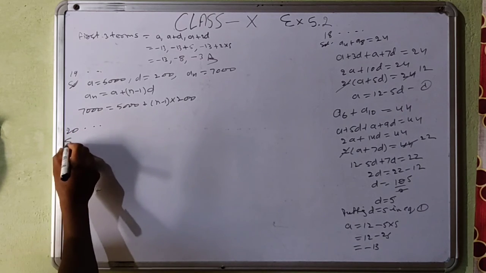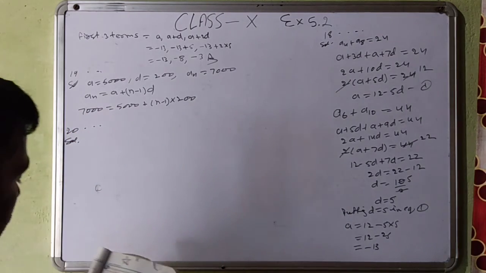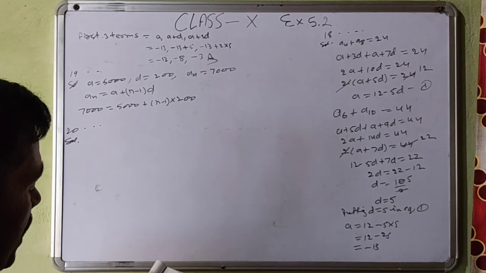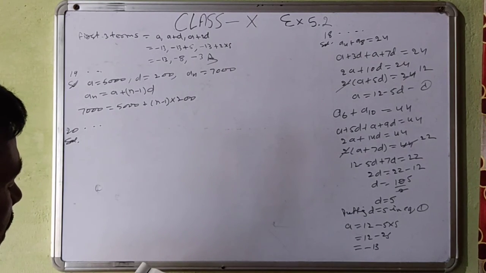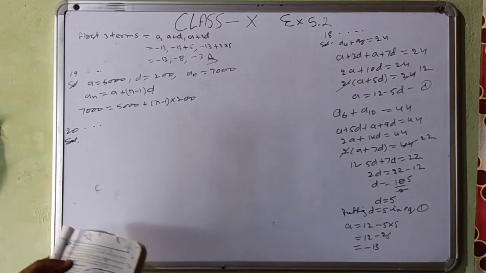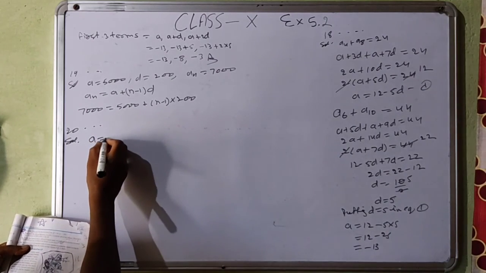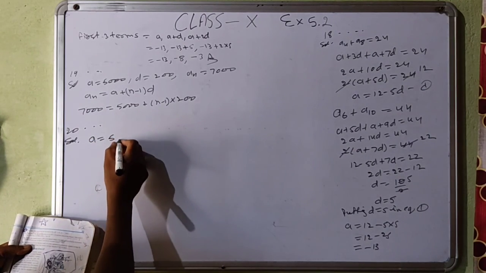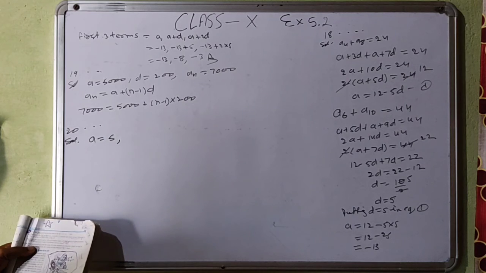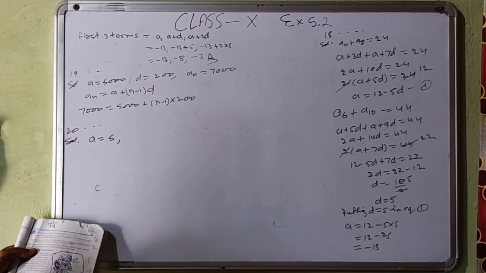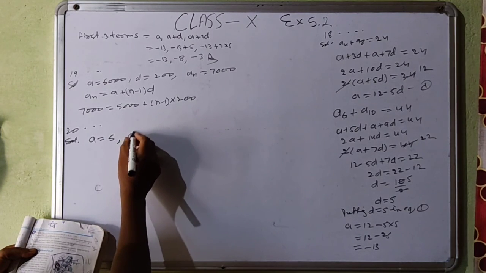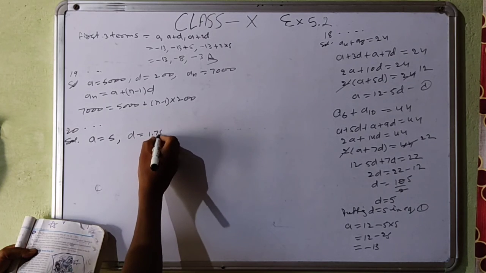20th question. Same question as this one. 20 and 19 both are the same question. Ramkali saved 5 rupees in the first week. So A is equal to 5 rupees. And then per week she is saving 1.75 rupees. So D is equal to 1.75.